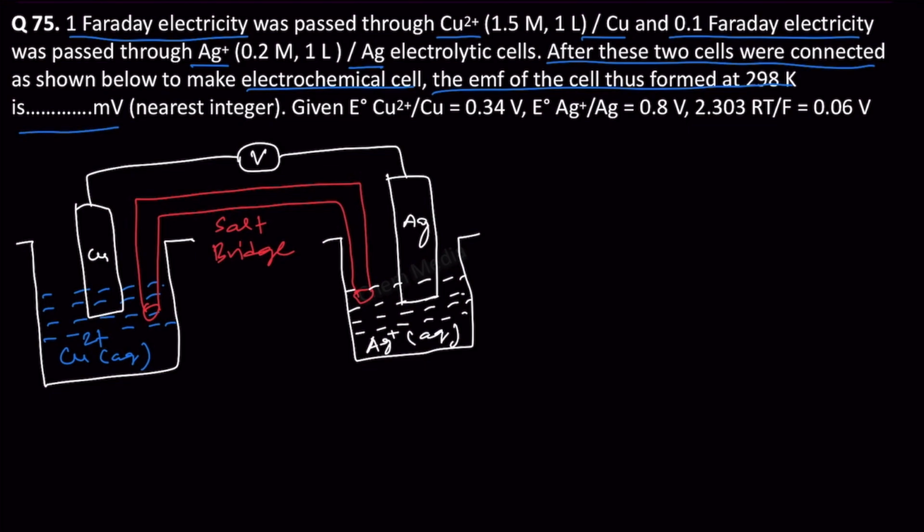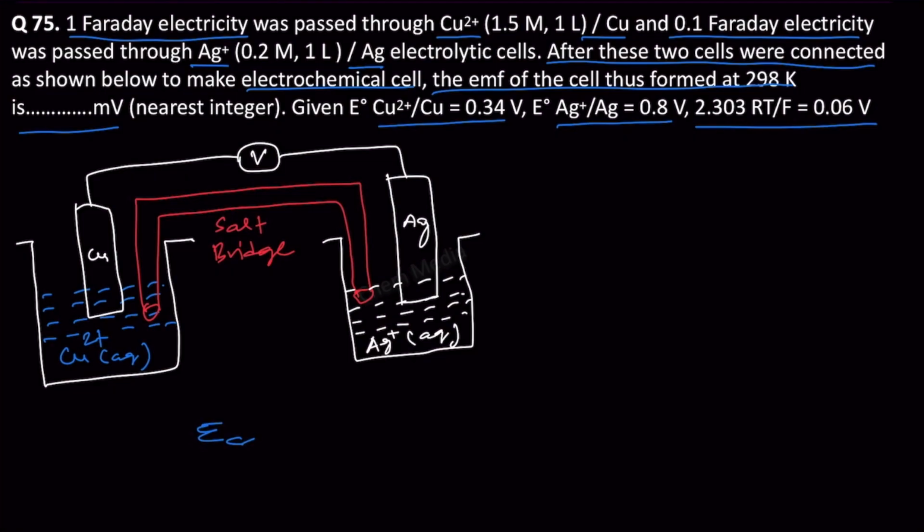We have to find out the answer in terms of millivolts. The given values are the reduction potential of Cu2+ to Cu and the reduction potential of Ag+ to Ag, and in the Nernst equation, whatever the term we use, that was given as 0.06 volt. So we have to use the Nernst equation to find out the electromotive force.